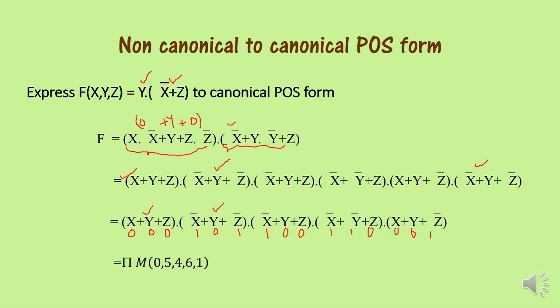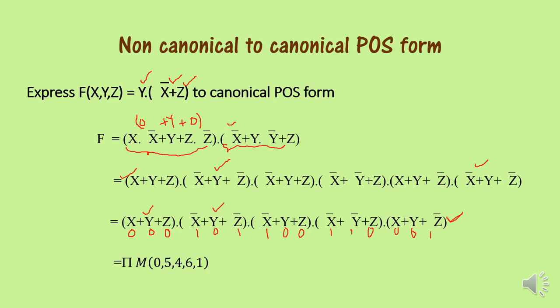So this is a canonical POS form. This is a non-canonical POS form, and this is a canonical POS form. Because in this expression all terms are present. That is x is present, y is present, and z is present.